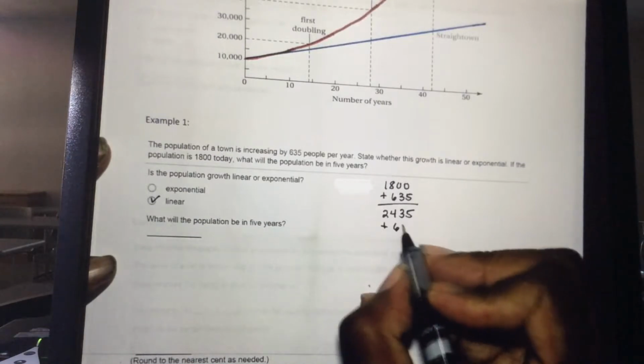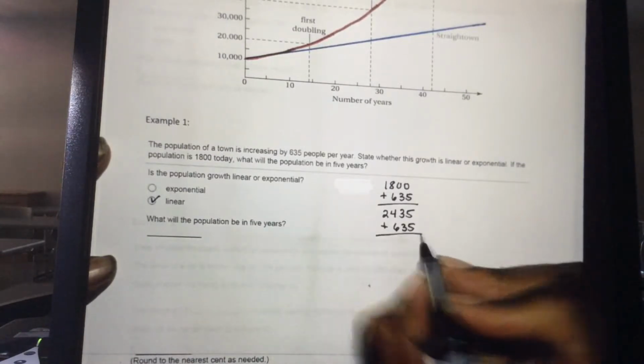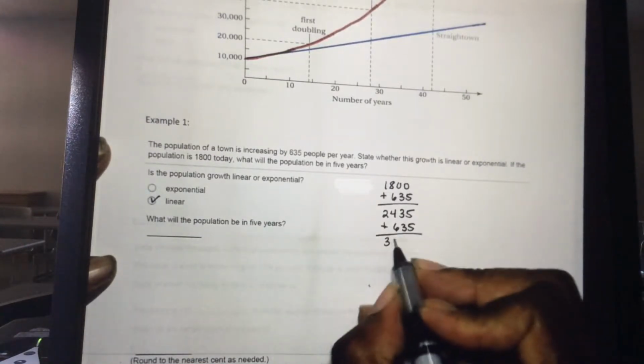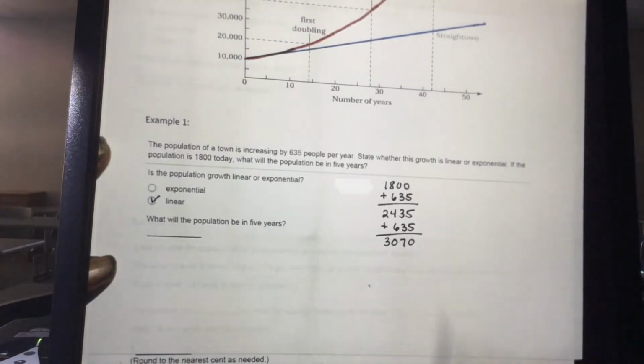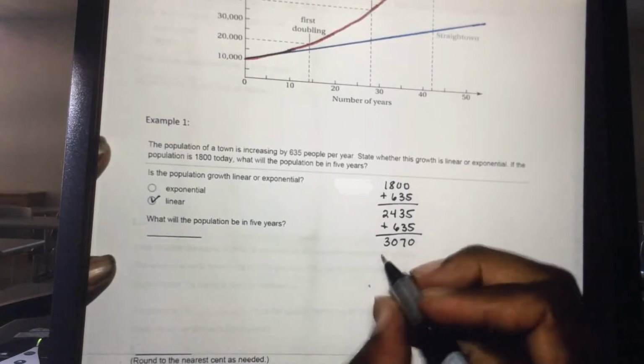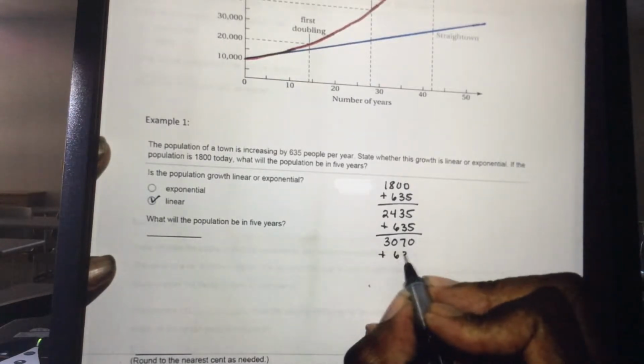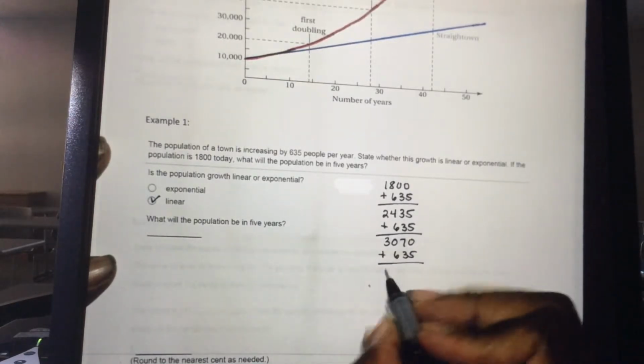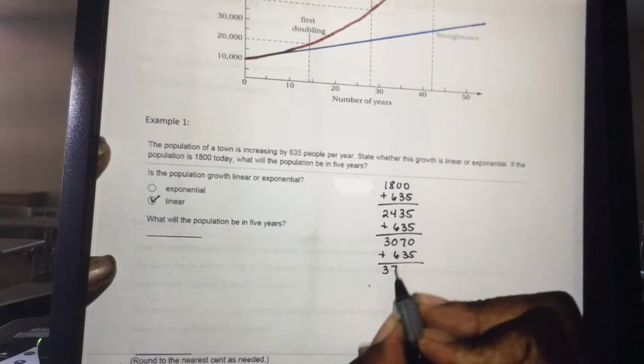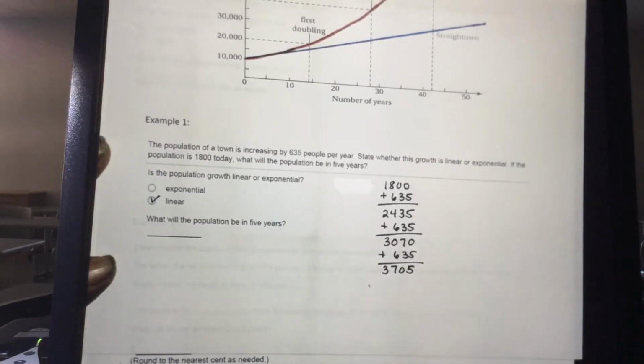Then if we add another 635, this will be 3,070 after the second year. And add another 635, as you can see, we're going to have 3,705 after the third year.